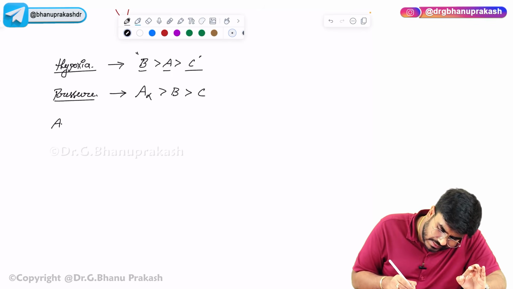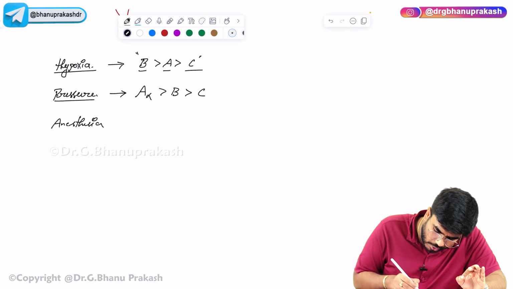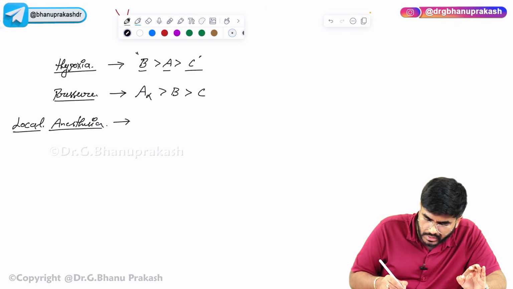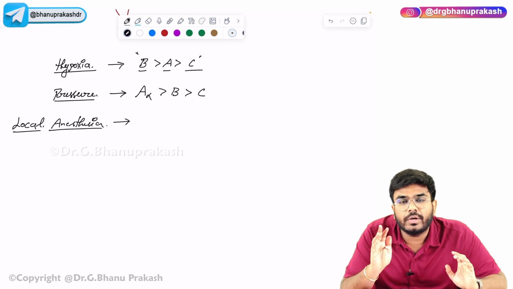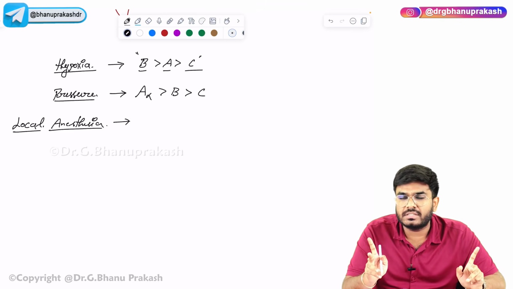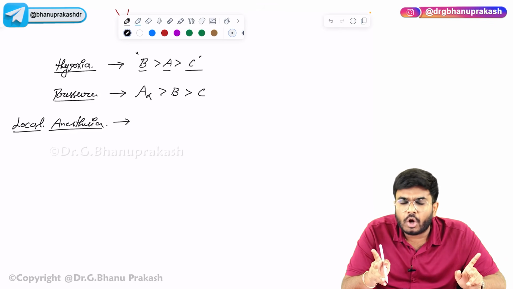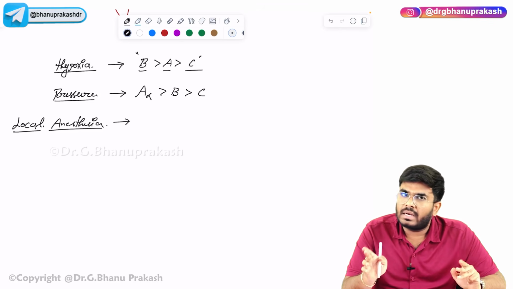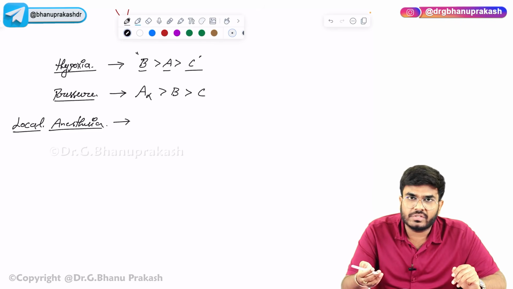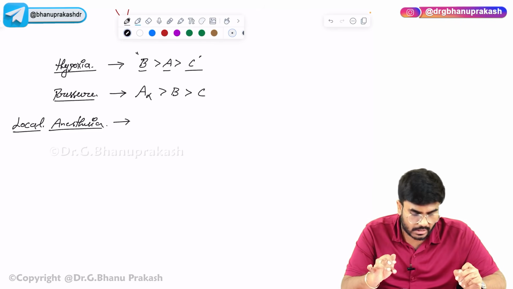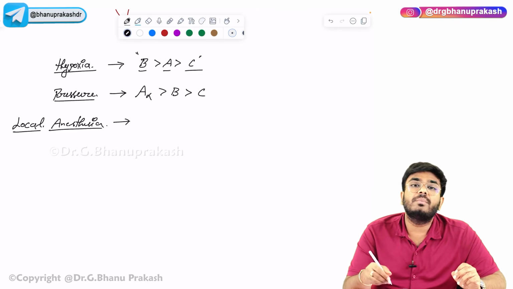Next, with anesthesia. If you apply local anesthetics, which fibers are going to be inhibited first? Anesthetics block the voltage gated sodium channels, so action potential generation is inhibited in these neurons. Which fibers will be inhibited?